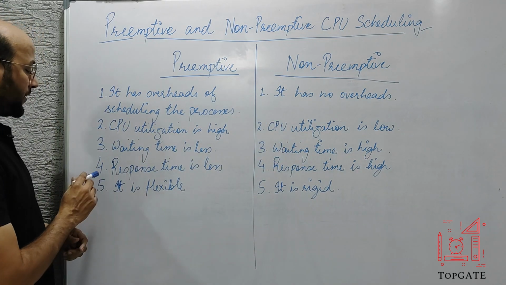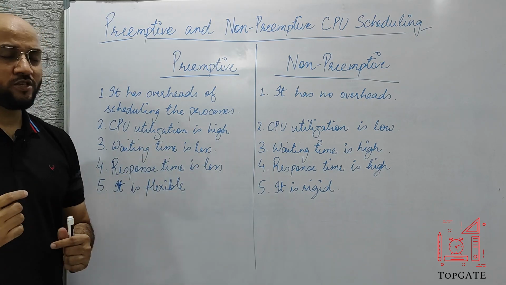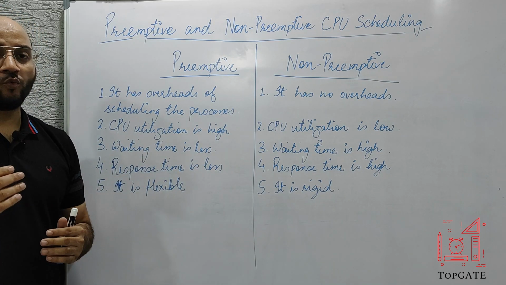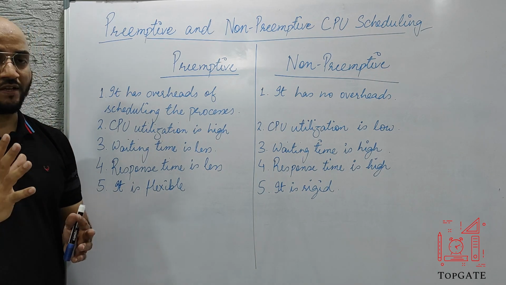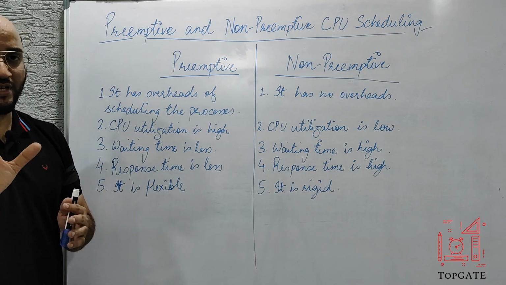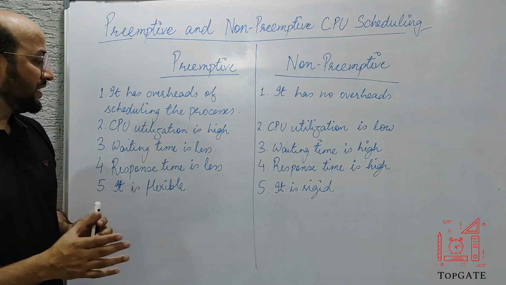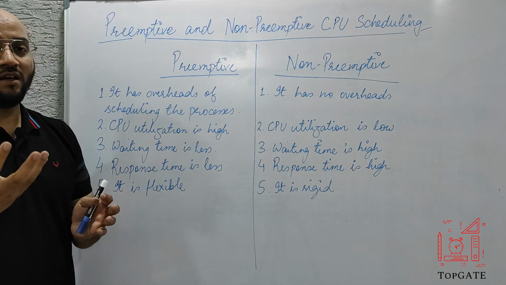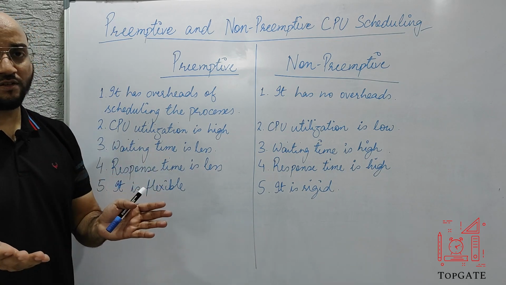Fourth point says the response time is less. Now what is the response time? Response time is the time at which the CPU gives the first response to a process. That is the time at which the CPU executes the process for the very first time. And that is less in this case. Less means the process is waiting for a less period of time in the RAM, therefore the response time is very less.